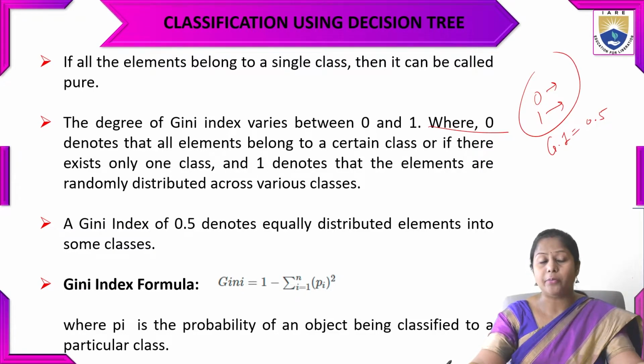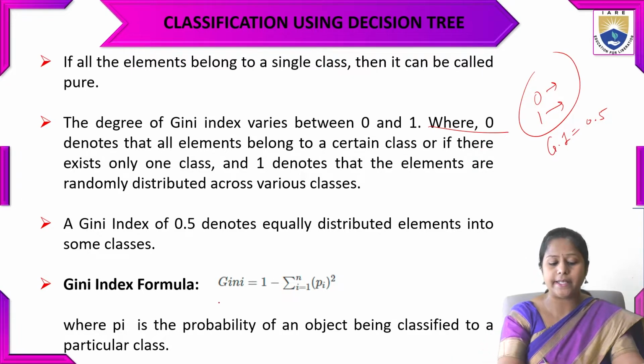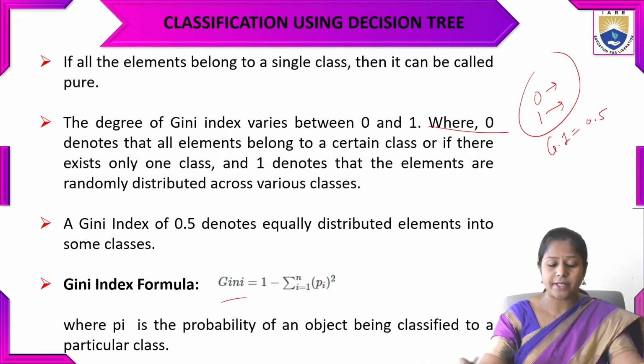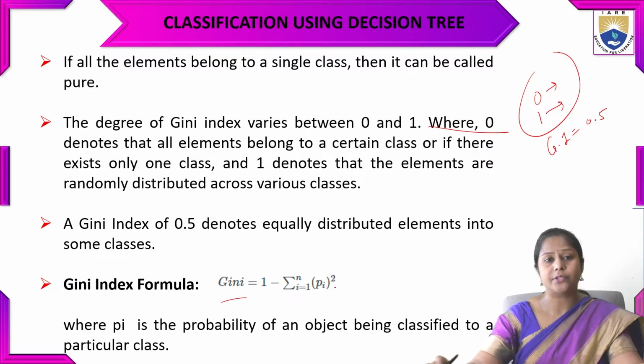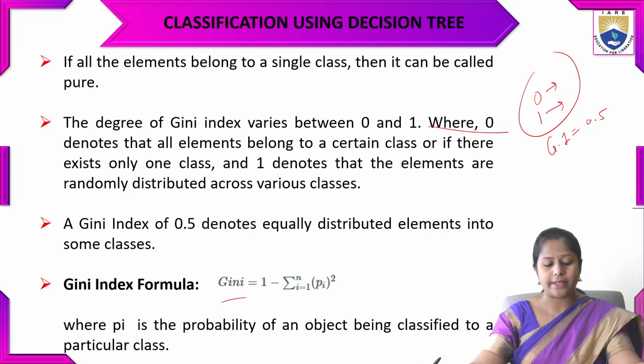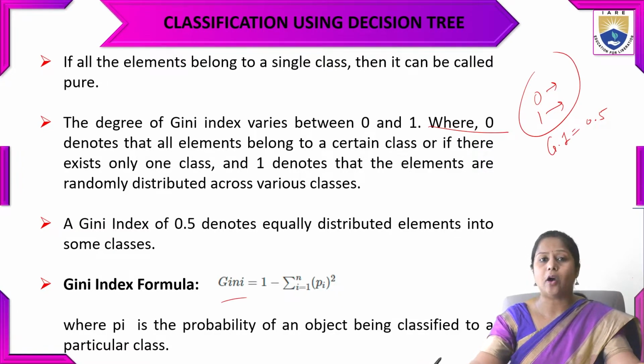So the formula to calculate the Gini Index is: Gini equals 1 minus the summation from i equals 1 to n of p_i squared, where p_i is the probability of an object being classified to a particular class.